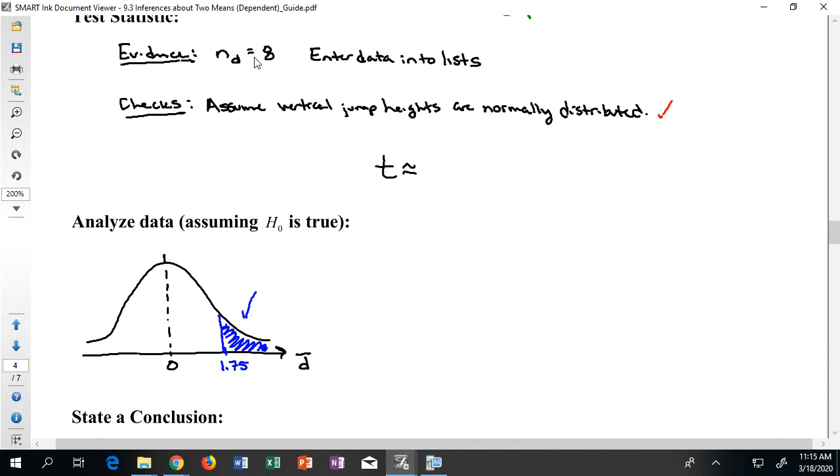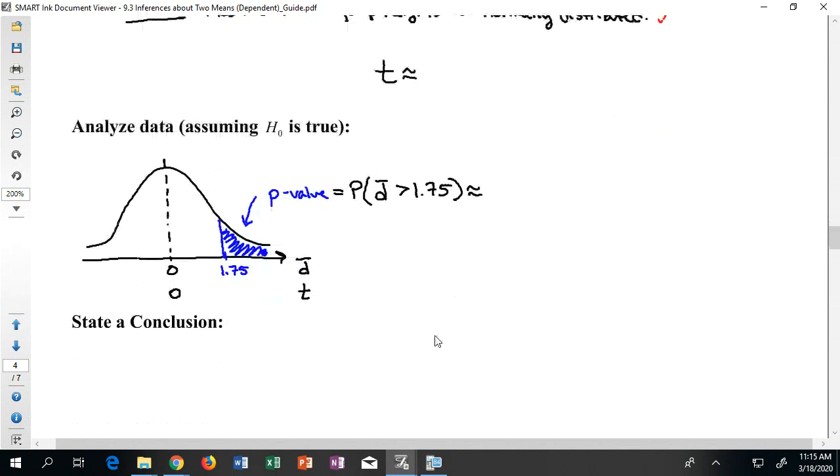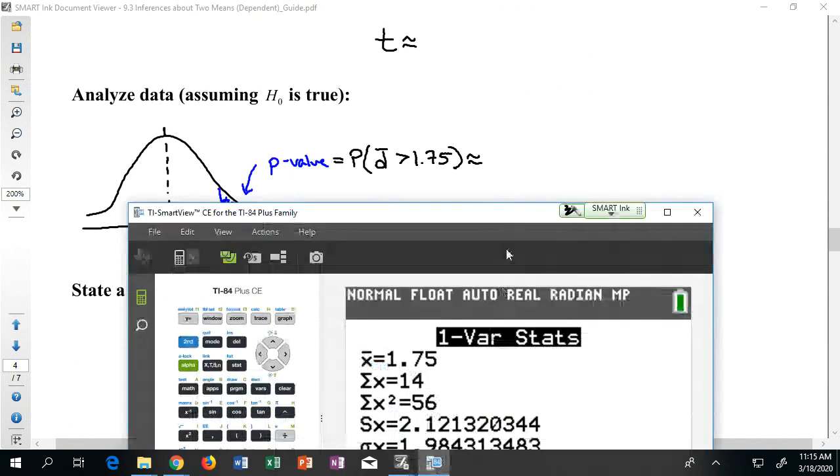And so we'd like to be able to determine the p-value. Of course, that p-value would be calculated by getting a D bar that's greater than 1.75, and the calculator will give us that number. We can also label our picture with our t-score. T-score for 0 is 0. And we don't know the t-score yet for 1.75, but we can certainly find it once we run the calculator test.